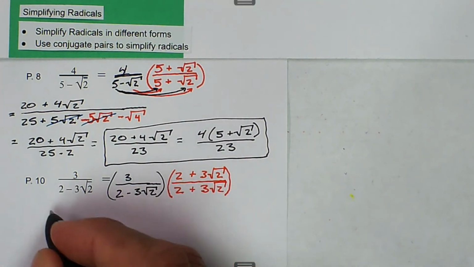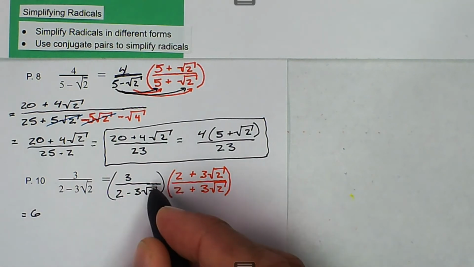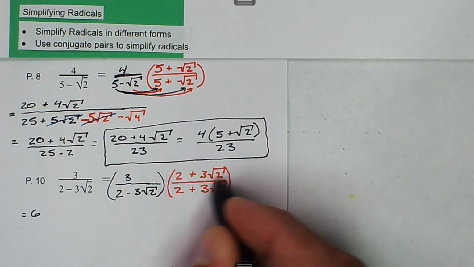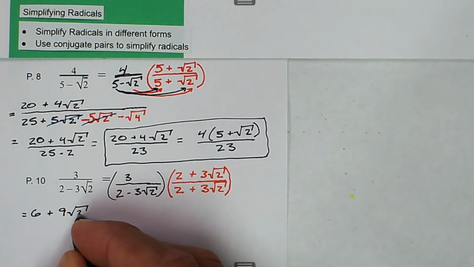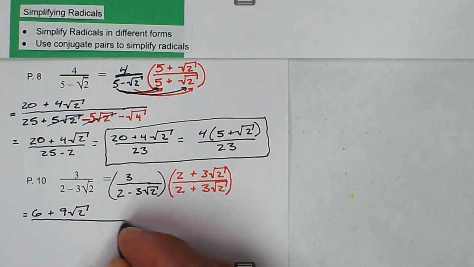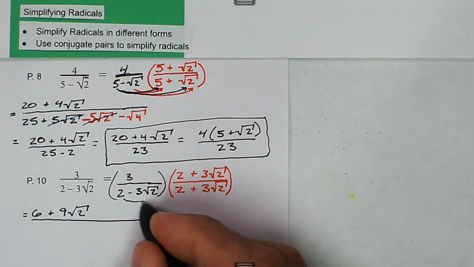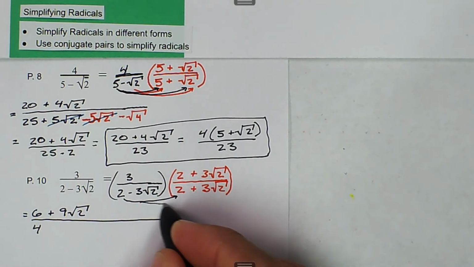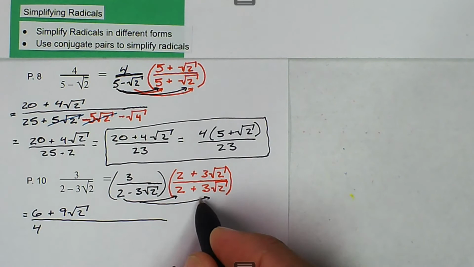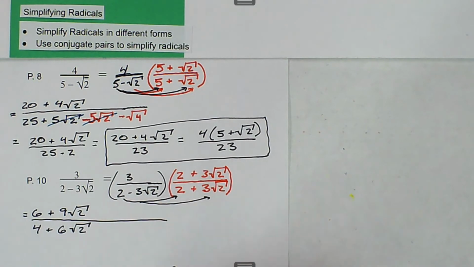So the first thing, 3 times 2 is 6. And 3 times 3 square root of 2 is 9 square root of 2. Then we can take 2 times 2, which is 4. 2 times 3 square root of 2 is positive 6 square root of 2.